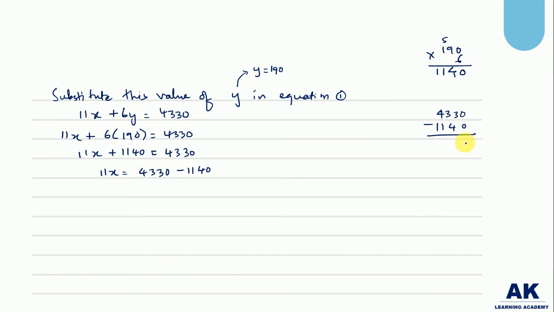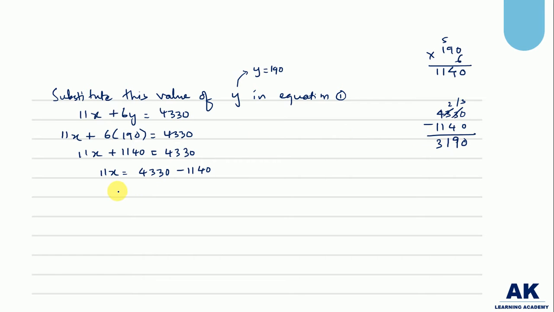So 4330 minus 1140: 0 minus 0 is 0, 3 minus 4 is not possible, so I make it 13, and here it is 2. 13 minus 4 is 9, 2 minus 1 is 1, 4 minus 1 is 3, so 3190.